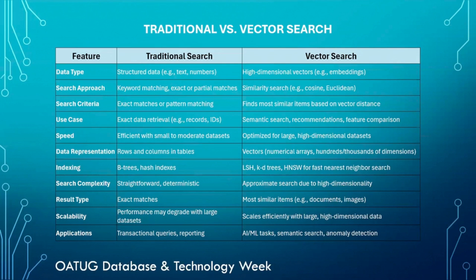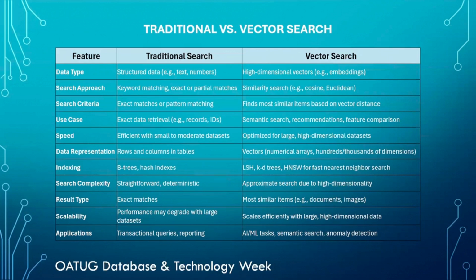The search criteria also changes, and it can be used for many applications. For example, you would use traditional search for your finance data, because you cannot do a similar search when you want to get an exact value. But vector search is used for a lot of other applications, and the speed is very efficient compared to traditional search for mid-range data sets.